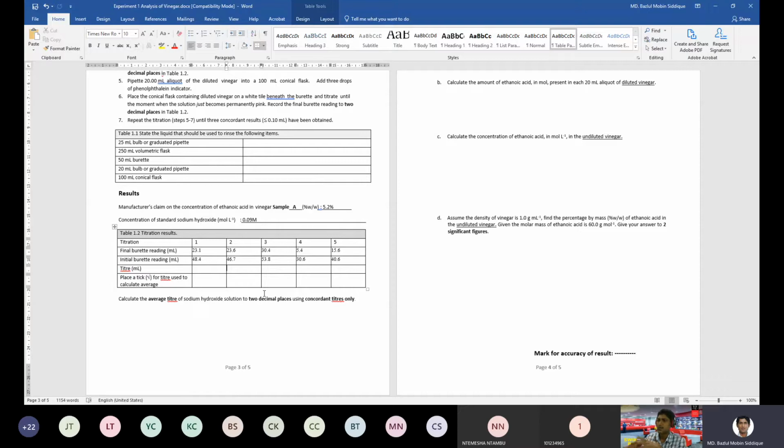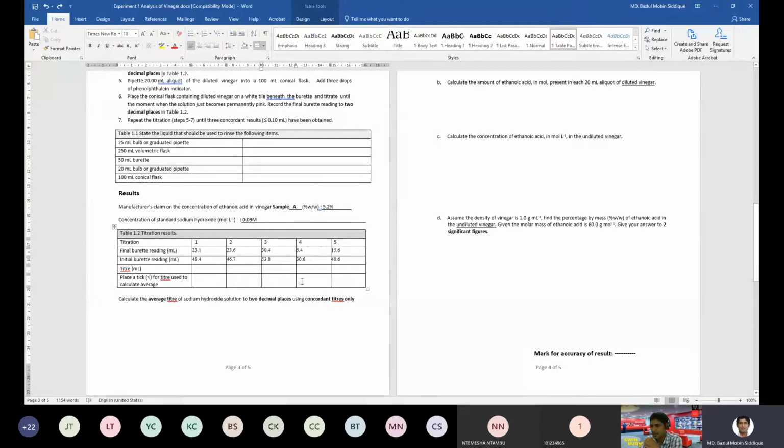So you should do the calculation here. Take the readings and pick the close results. If you are taking this result to do the average, tick here. If you are taking this result, just tick here. Just tick, tick, tick that you take this result, this result, this reading.